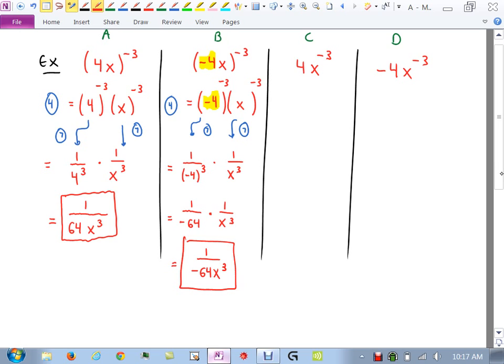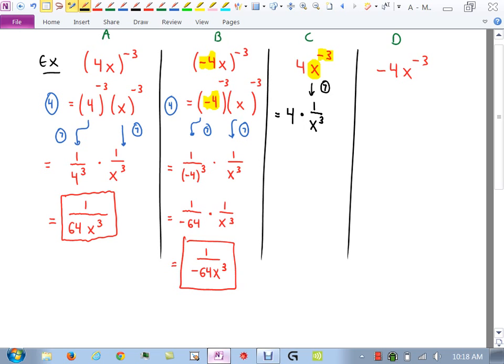What is the something that you're going to be putting property 7 on? Just the x. Just the x. Look, that negative 3 is only acting on the x. Why is it not acting on the 4? There's no parentheses, right? So this is really just a 4 times, what does the x to the negative 3 become because of property 7? 1 over x to the third, right?